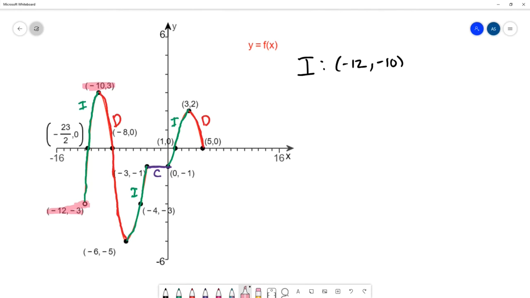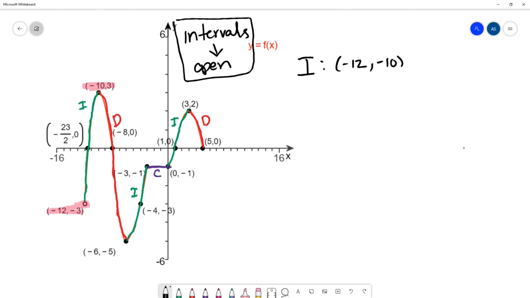And the reason why I'm doing that is because our book, when they ask for intervals of increasing, decreasing, and constant, the intervals that they're looking for are all open. Open means that you don't include the endpoints. So this is something that is related to our book specifically.